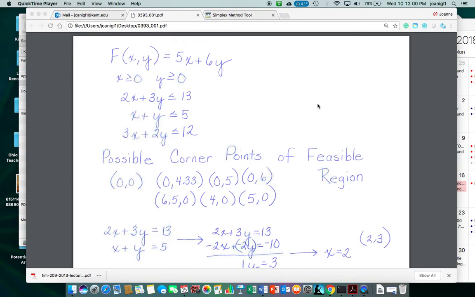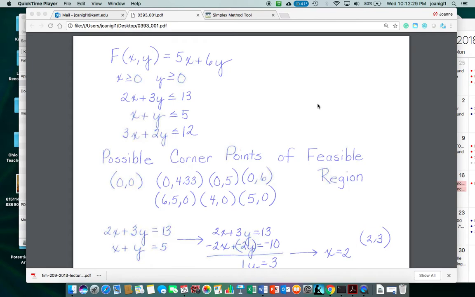To do that, we intersect the lines, like x is equal to 0 is one of our lines, and then 2x plus 3y is equal to 13. When we put in the 0 for the x in that equation, we have y as 4.33.